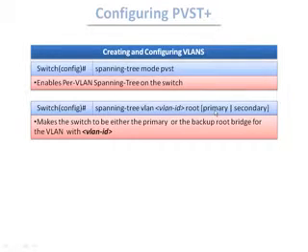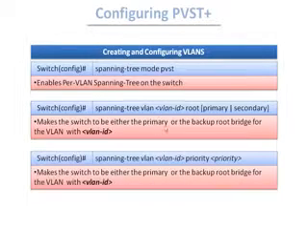But those two commands still don't give us a lot of flexibility, so instead of spanning-tree VLAN root primary and secondary, you can use the command spanning-tree VLAN, and the VLAN that you want to configure spanning tree for, and you type priority and then the priority value. I should warn you that the priority values go in increments of only 4096.